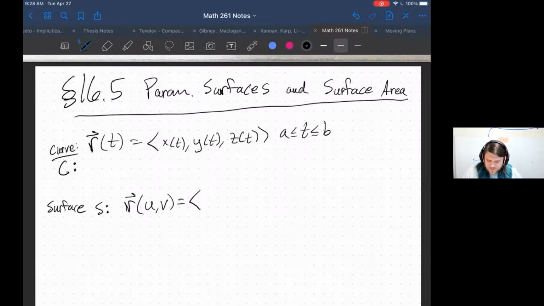And we write this as x of u,v, y of u,v, z of u,v. I am going to use x, y, and z in this case. Sorry, I wasn't looking at the right place in my notes. So this is basically the idea. We're just bumping up one variable. And we need some bounds for each of those variables.